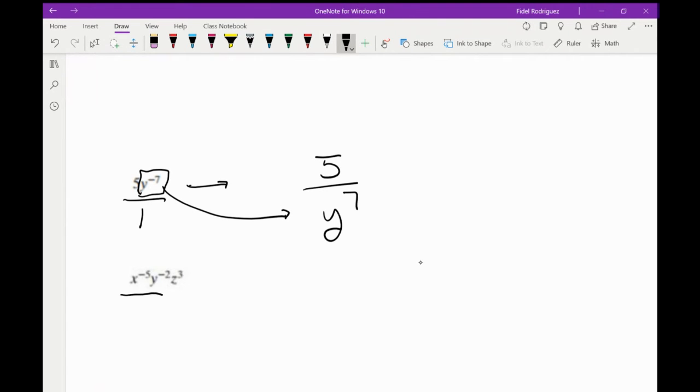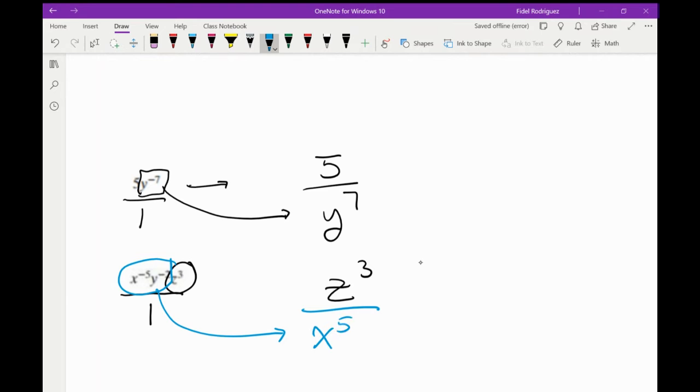Okay. Same thing here. I'm going to think about this as over 1. This one here is already positive, so I'm going to leave it where it is. But these two are both negative, so they're going to come to the bottom. And that's going to be an x to the 5 and a y to the 2.